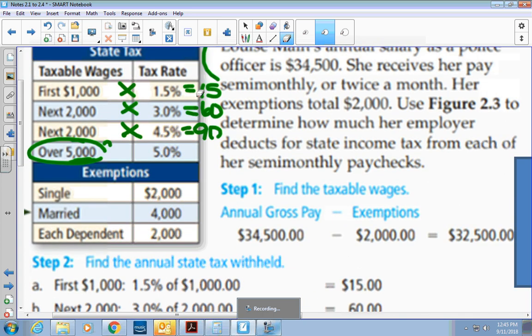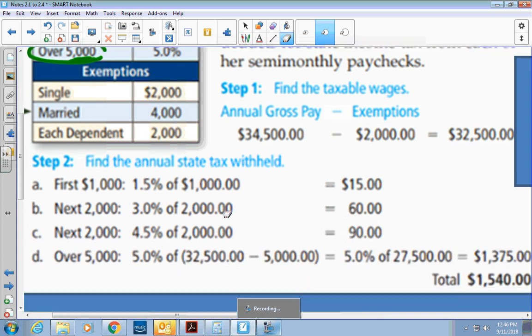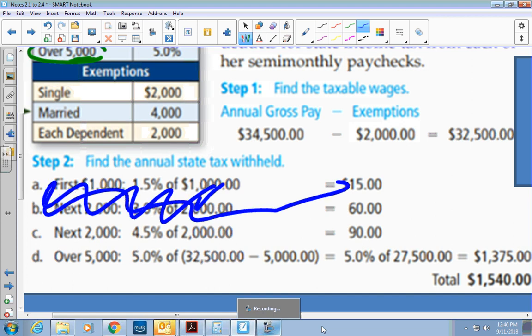Okay, so this part is still the same. It's still 1,000 times 1.5, 2,000 times 3%, 2,000 times 4.5%, and then the minusing part is what's different. So we're going to subtract out the 5,000 from the 32,500. You do not have to write the earlier part down because we've already written it down.